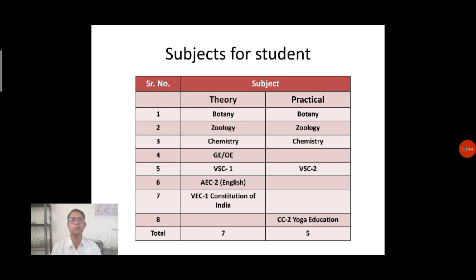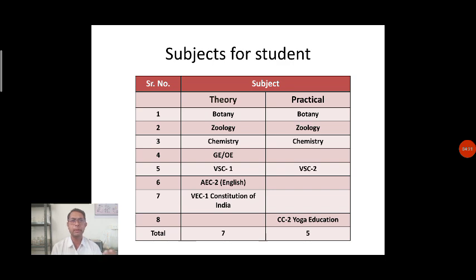So suppose a BSc student selected botany, zoology and chemistry, that student also has the GEOE subject. Again that student, he or she, has the VSC1 subject, then the AEC subject, VEC subject, and these are nothing but the theory parts. So in total when we count the theory, you can see there will be 7 theory subjects included in your syllabus.